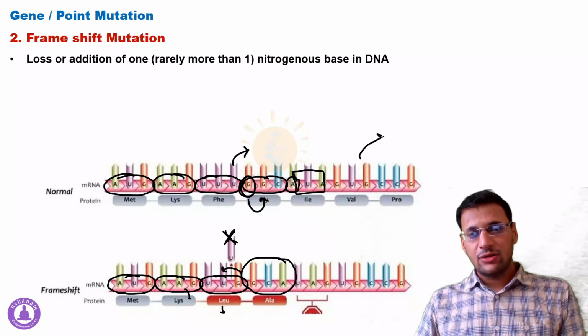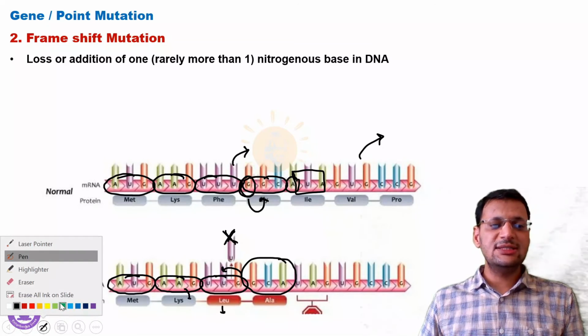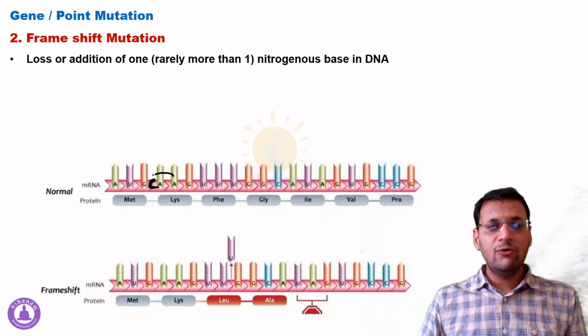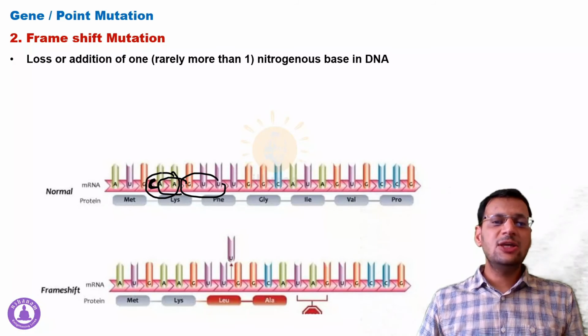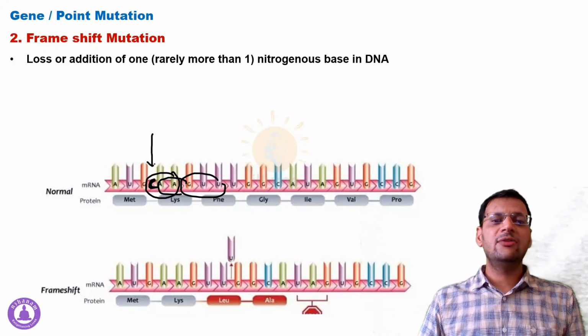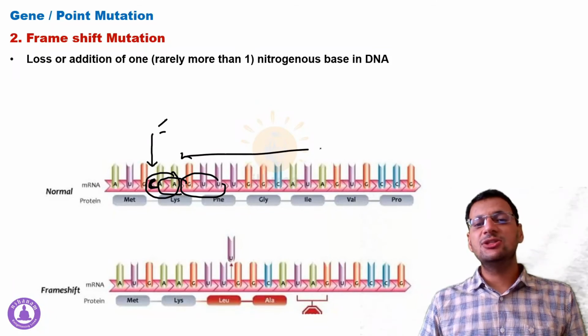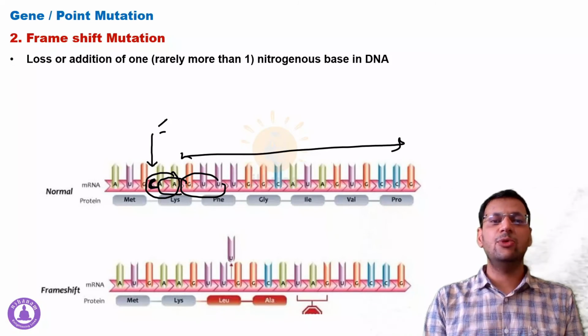Either a deletion of a nitrogenous base or an addition of a nitrogenous base will bring the same change. Let's take an example. If I insert cytosine here, then the second codon would be CAA and not AAG, and the third codon would be GUU. The entire sequence after the point where there is a deletion or an addition would be changed. That means the entire protein would be changed after that mutation.